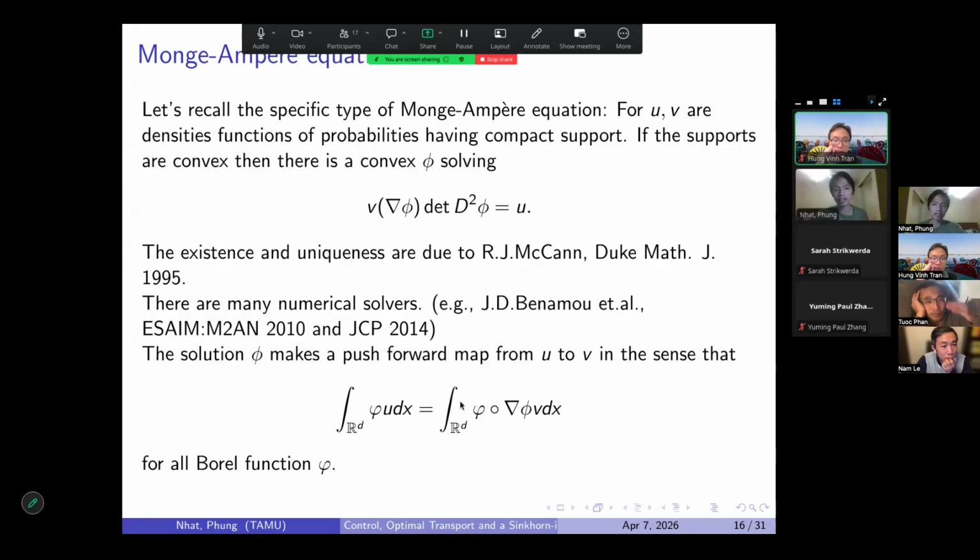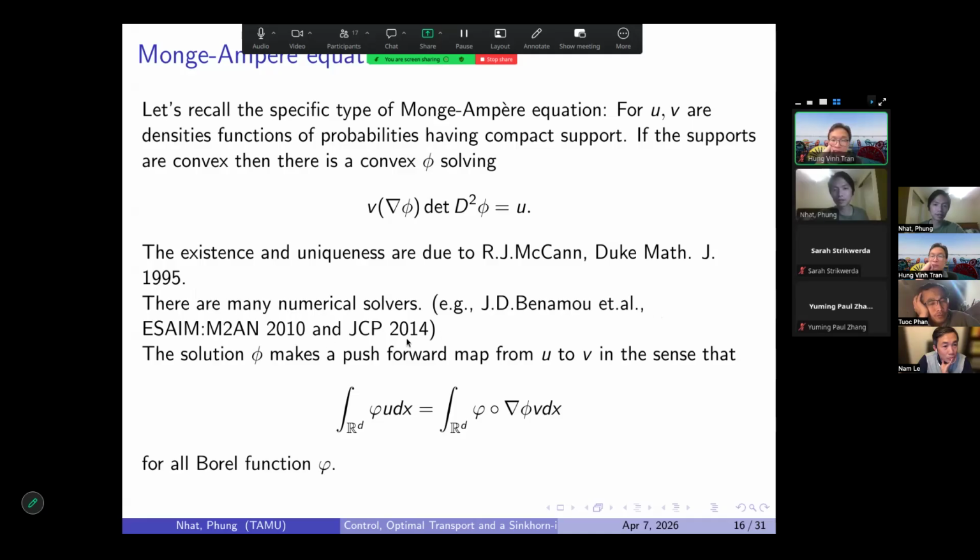In the exact form it should be like this. We use the weak form, so it has this form. The existence of the solution was already shown by Marken in 95, and then we have a lot of solvers. Usually, what we look at are Benamou and Carlier.